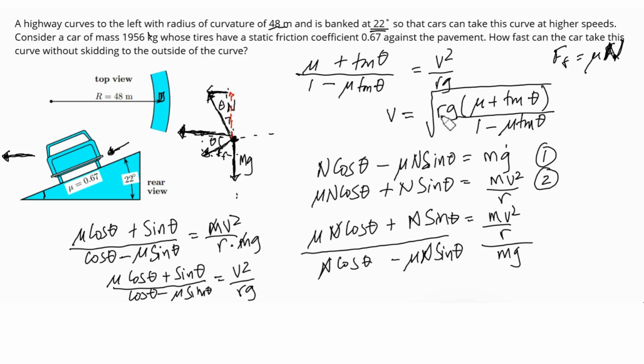We know R is 48, g is 9.8, mu is 0.67, and theta is 22 degrees. So you could put that all in the calculator and solve for what your velocity is going to be.